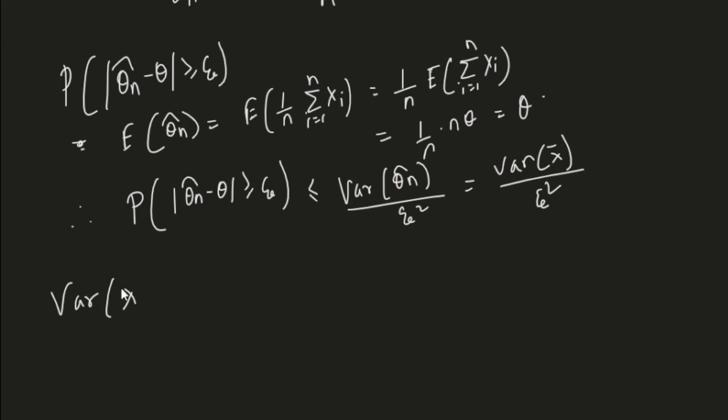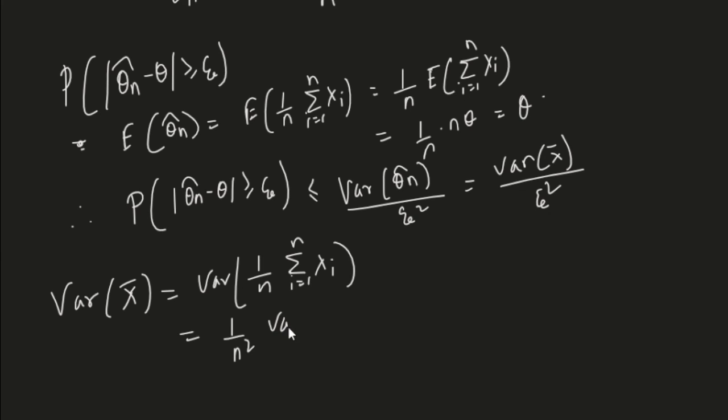Variance of x bar is simply equal to 1 by n square variance of summation from i equals 1 to n xi, and this would be n into sigma square, so it becomes sigma square by n, right?